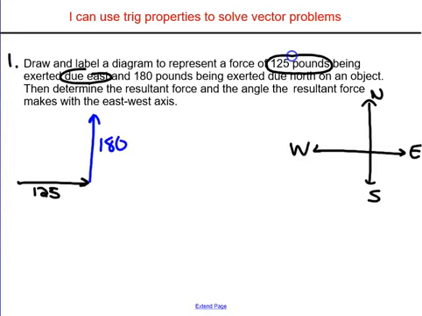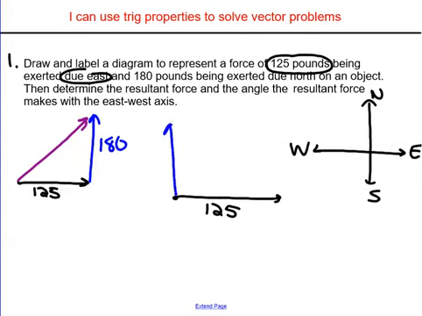All right, so there are two different ways we can do this. I could leave it like this and do a resultant vector going like this, but most of the time I'm just going to stick to doing the parallelograms. So if I take the two vectors, this is 125, and I just slide this 180 over. If I make a parallelogram out of this, I just go tip to tip, 180, same direction.